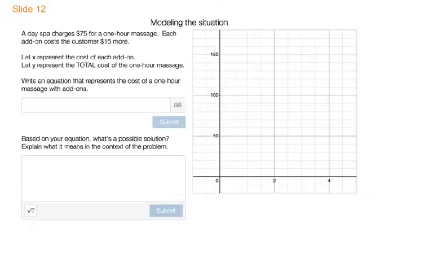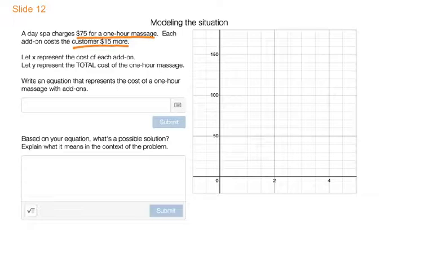So a day spa charges $75 for a 1-hour massage. Each add-on, so I go into this day spa, I get a 1-hour massage, and if I want other services, each add-on is going to cost me, the customer, $15 more.